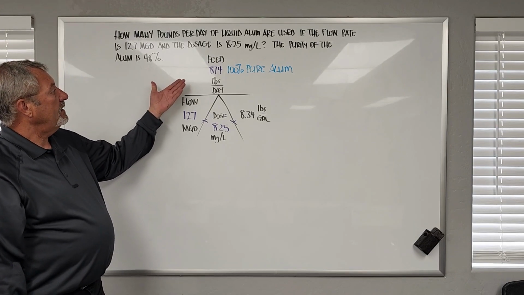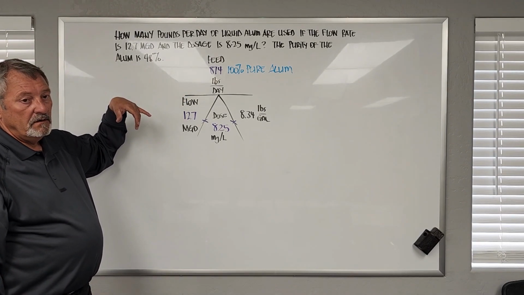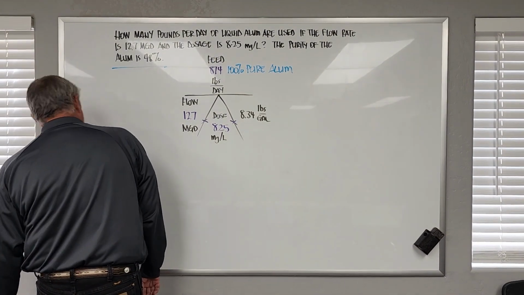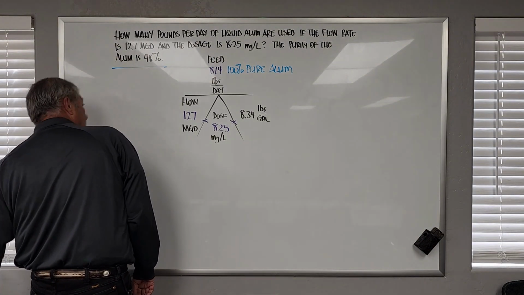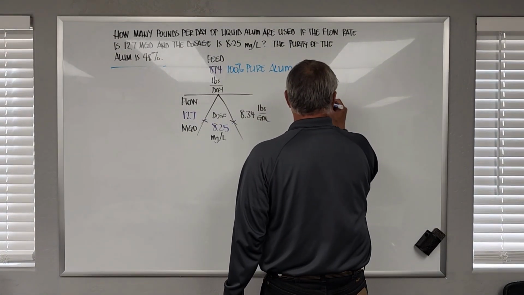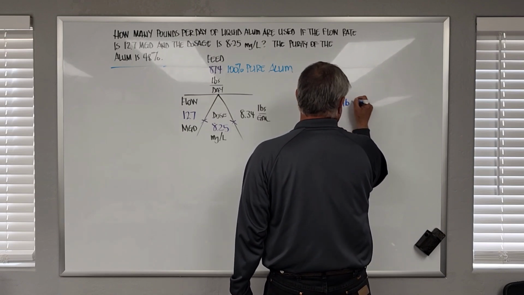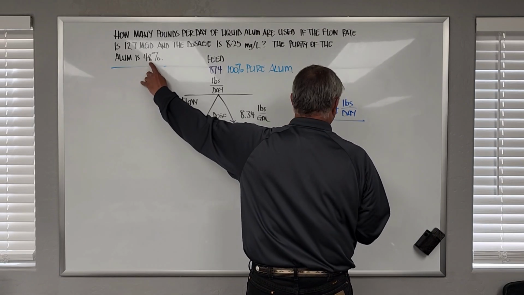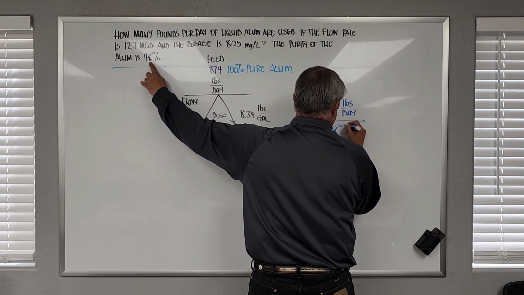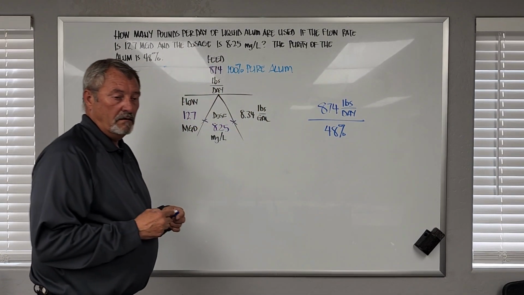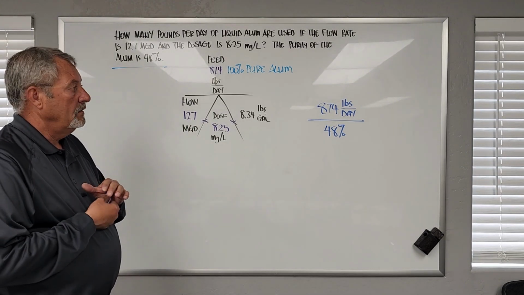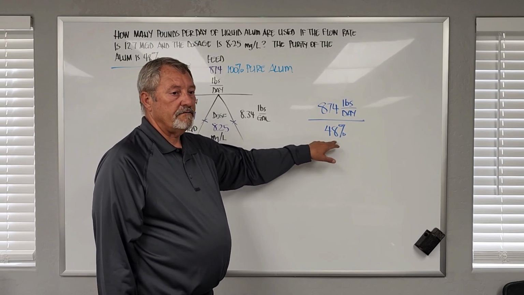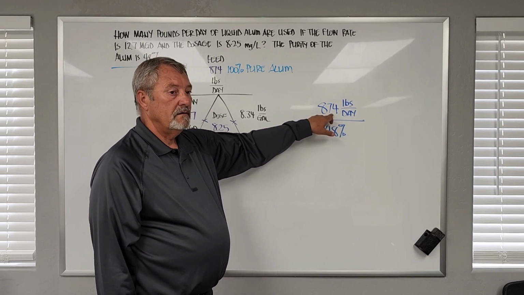However, I can't get alum in 100% purity. I can get it in 48% purity. So what I need to do is take that 874 pounds per day, and I'm going to divide it by the purity of 48%. Because it's just under half, I know it's going to be almost double.